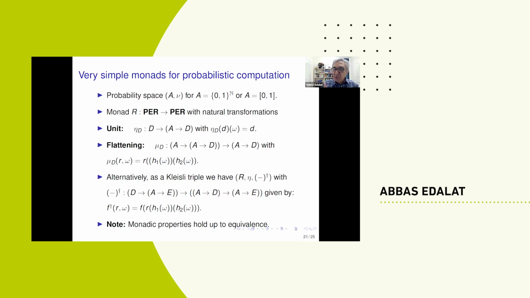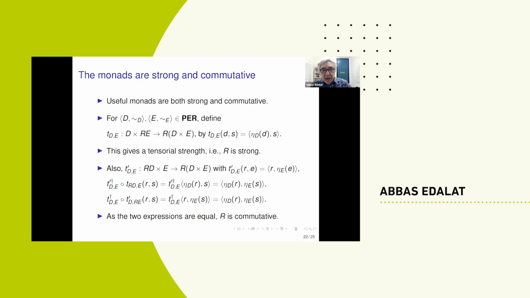The important thing is that we have to take equivalence with us everywhere. And also these monads are both strong and commutative. So we've got 4 canonical monads. There are infinitely many monads, but the 4 canonical probability spaces give rise to 4 canonical strong and commutative monads. I'm going to skip the details.